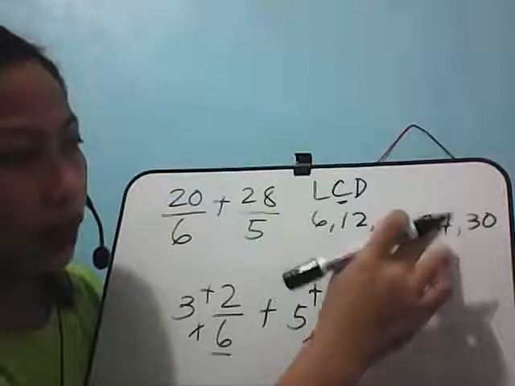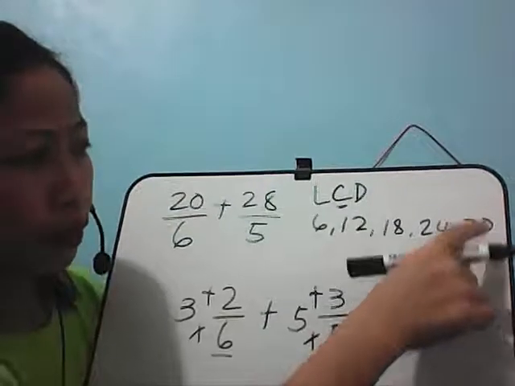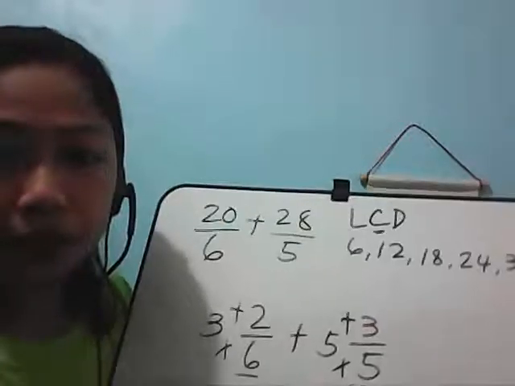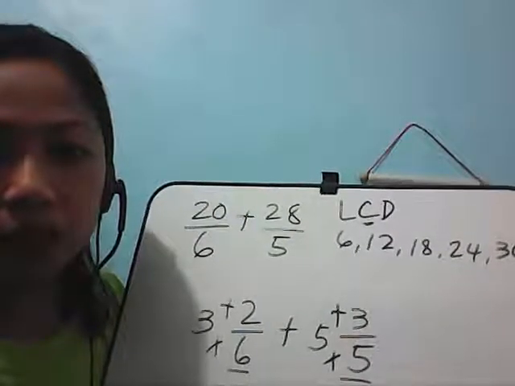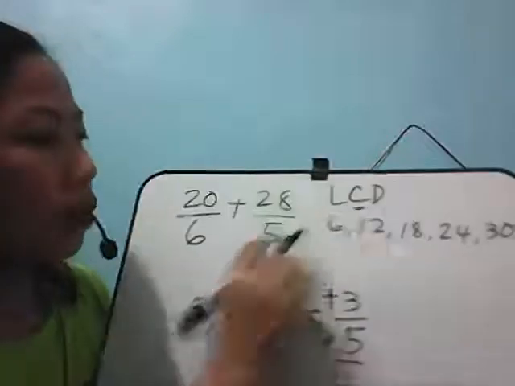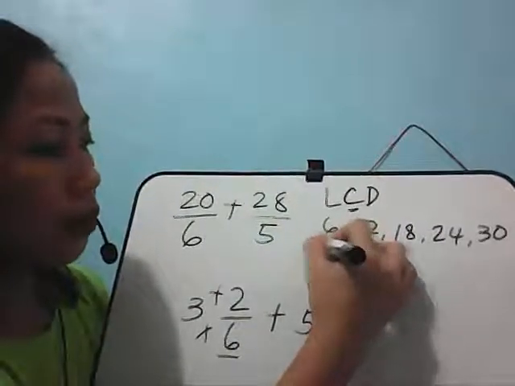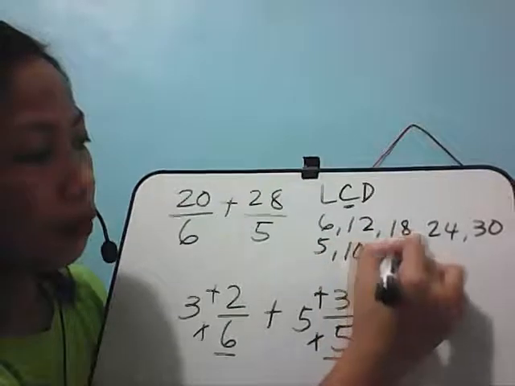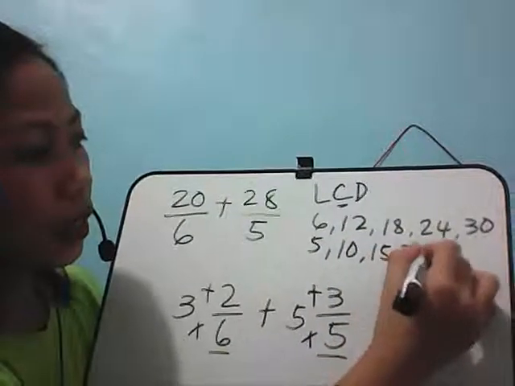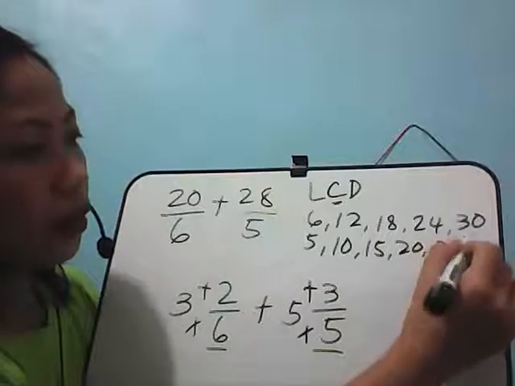Then 30. Next, multiples of 5: 5, 10, 15, 20, 25, 30.